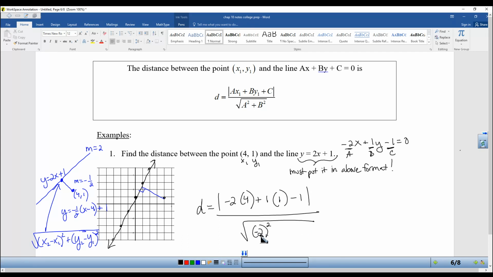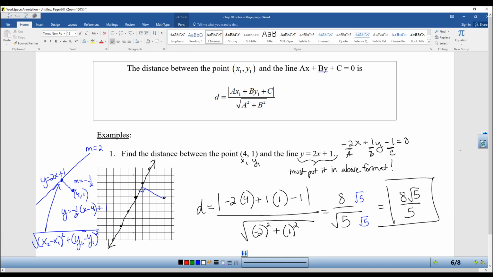Now it's actually -2 squared, but once you square it, it'll become positive, plus B squared. And that gives me 8 plus 1 minus 1, which is just 8. The absolute value is 8. And the square root of 4 plus 1, square root of 5. If you rationalize the denominator by multiplying the top and the bottom by the square root of 5, you get 8 square roots of 5 over 5, which is not really a helpful answer for checking.